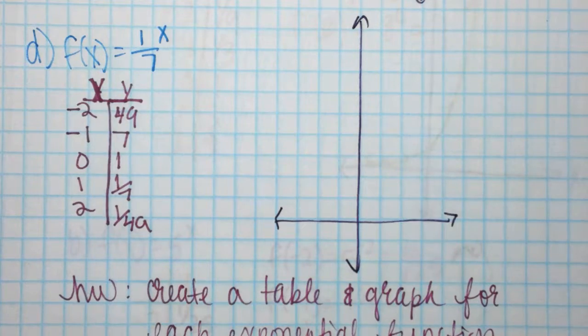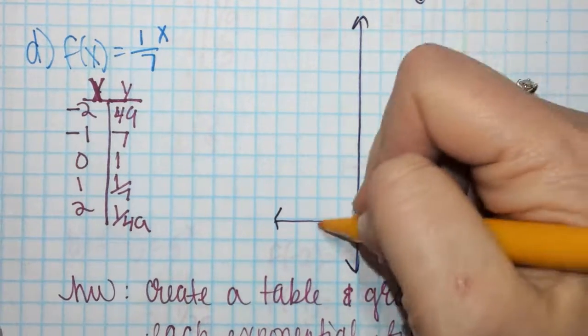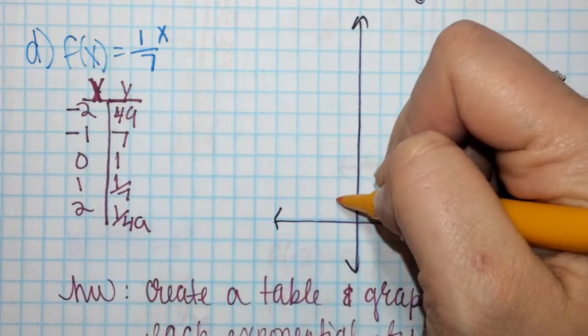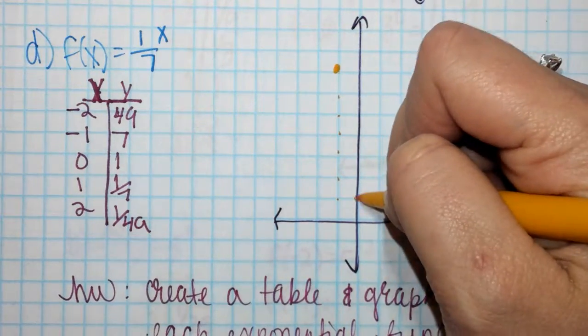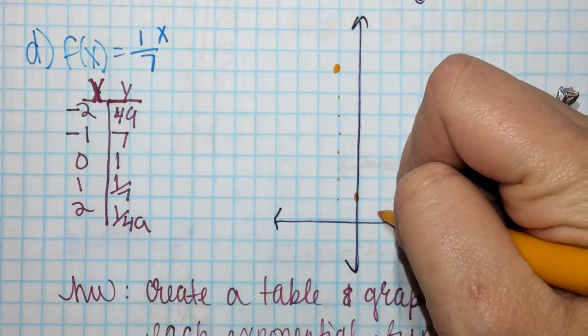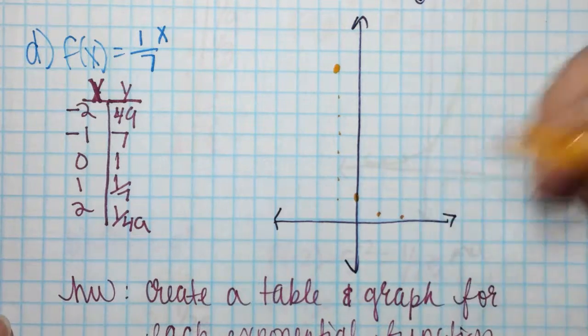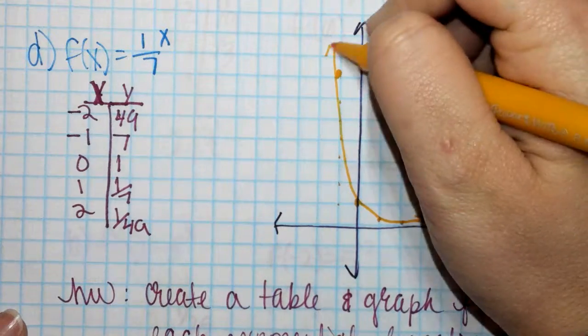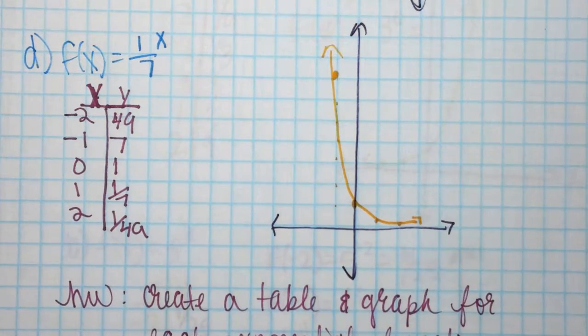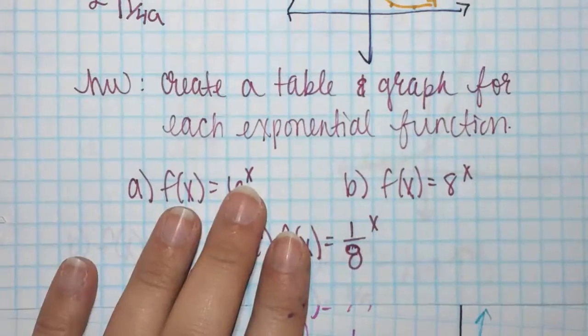So negative 2, 49 will be way up there. Negative 1, 7. 0, 1. 1, 1/7. 2, 1/49. Is that going to touch the x-axis? No, honey. It's going to be a 1 unless you have a plus something out there, or a minus. Alright, here's your homework for tonight.